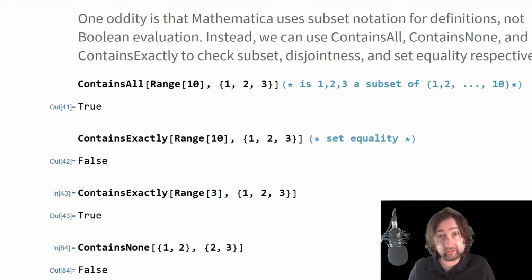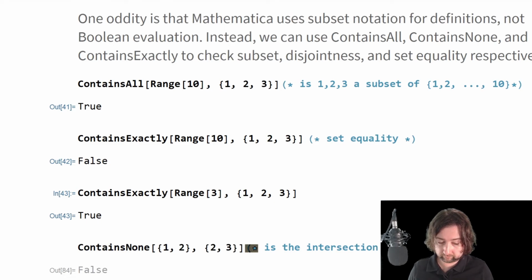And in this case, the answer is no. They have a 2 in common, so ContainsNone spits out a false. So this is the question, is the intersection empty? So these subset type commands are very often used, like I said, in switch conditions. So for example, things like If and things like Which, which are the next things we're going to talk about.